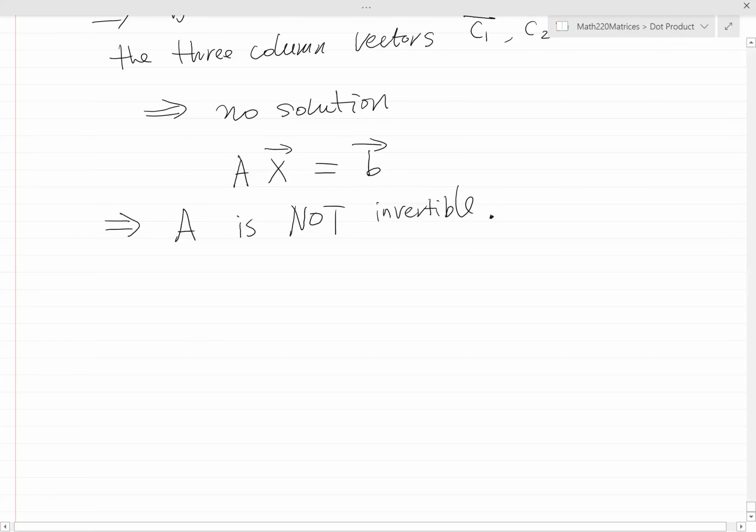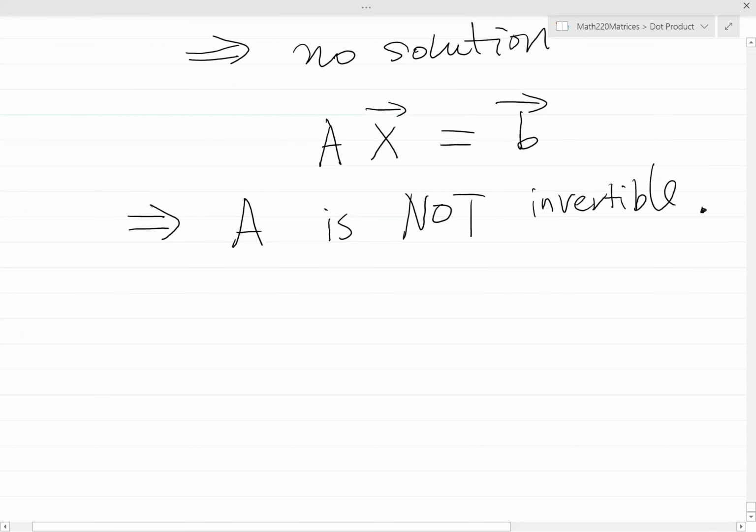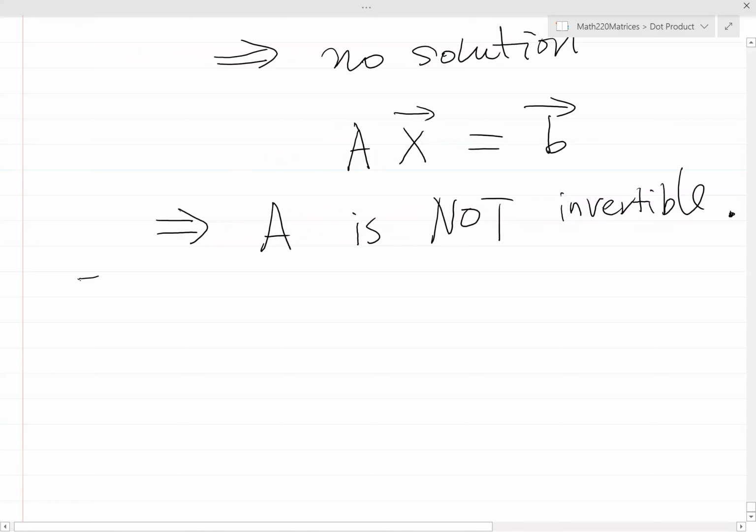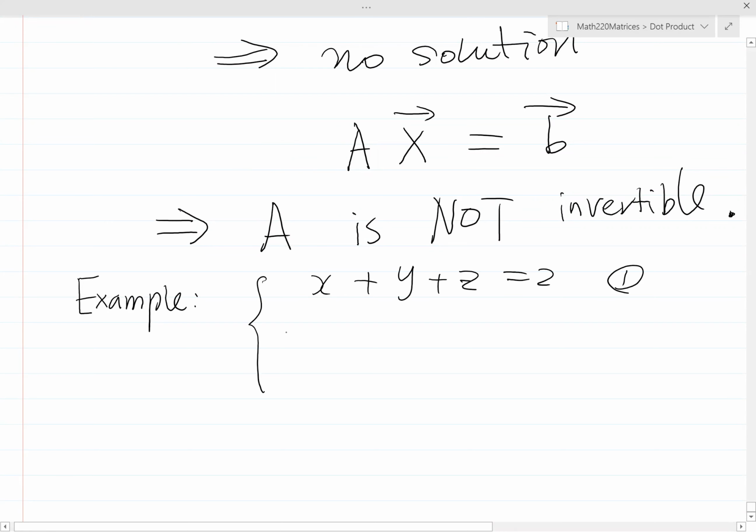Okay, example. x plus y plus z equal to 2, equation 1. x plus 2y plus z is 3, equation 2.